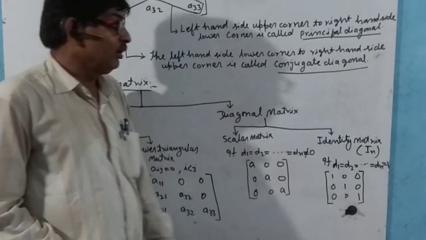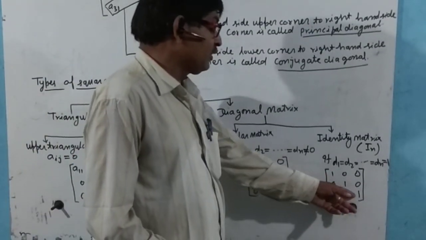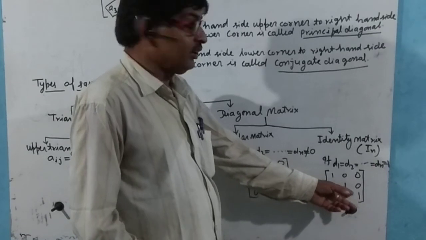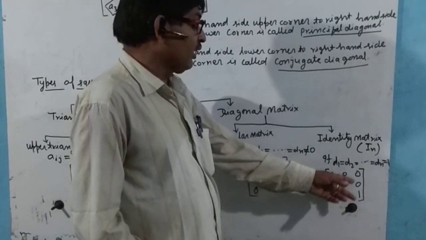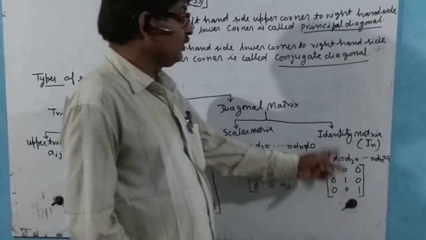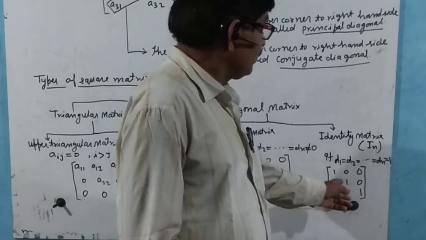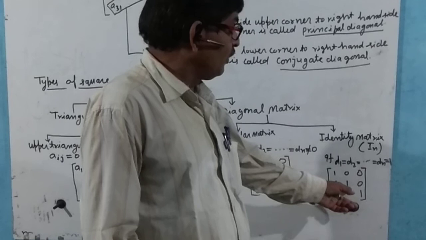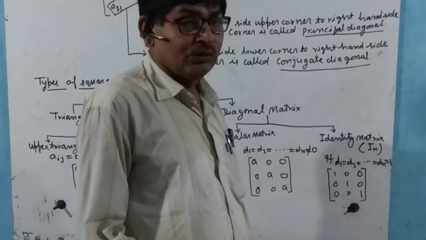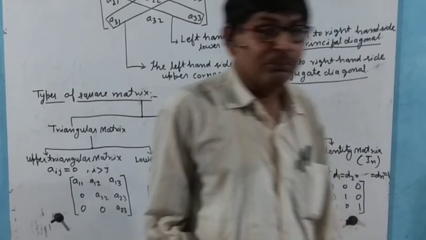But if the principal diagonal elements are 1 and the rest of the elements are 0, that is known as the identity matrix.